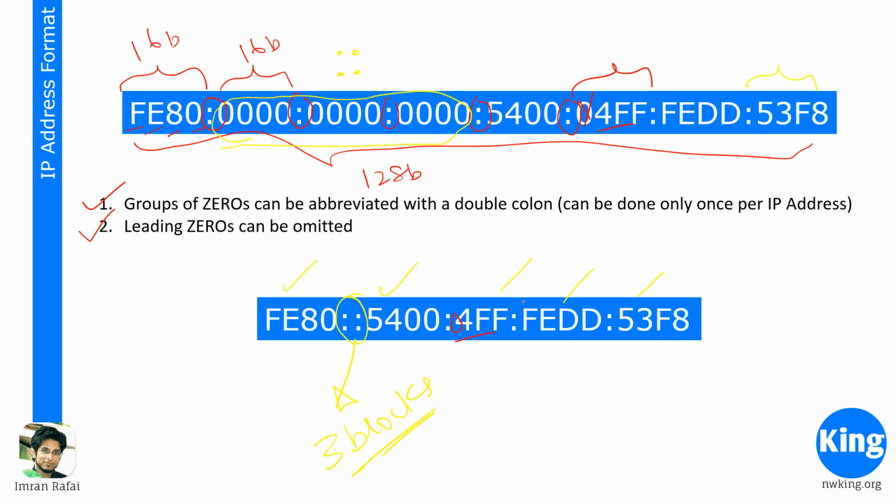So if you use these two rules, you can shorten any IP address. Even after shortening, this IP address is not really short, but we will look at some things as we go on in this video. For now, remember these two rules. These two rules are going to help you.